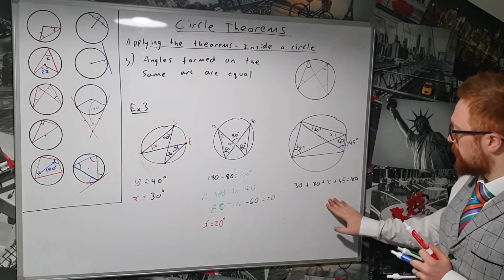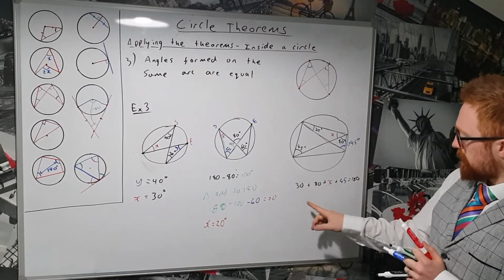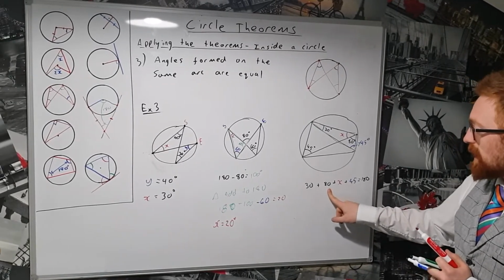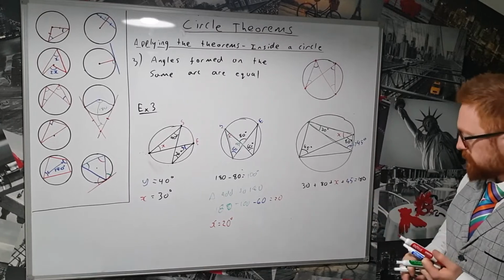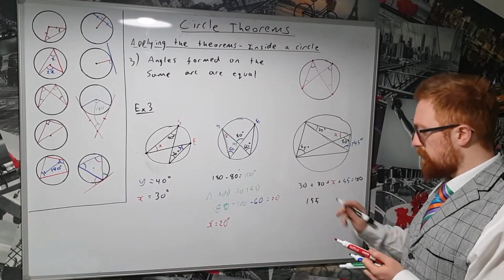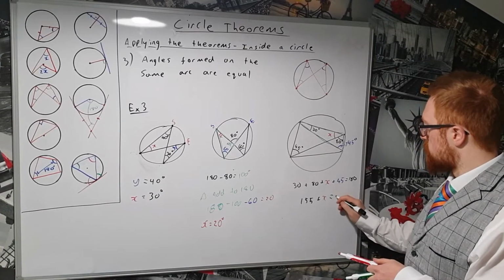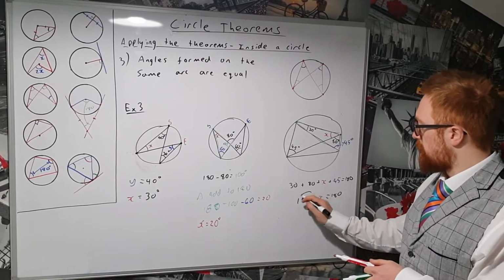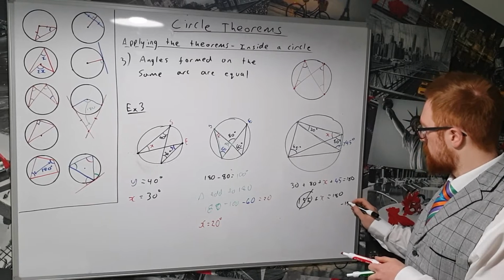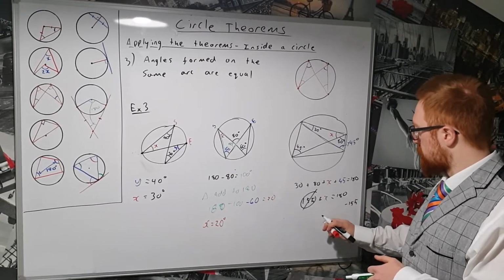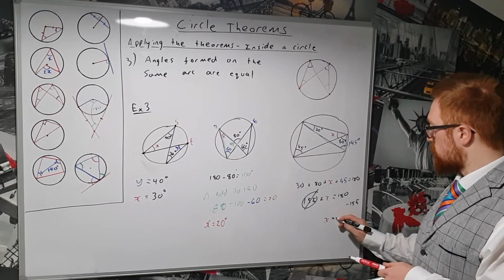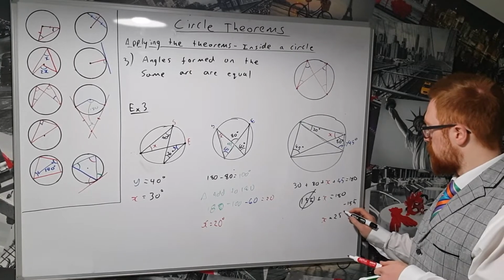So we're really close now, we can work this out. So let's simplify first of all. So 30 plus 80 is 110, plus 45 is 155, plus my x is equal to 180, and then we can subtract the 155, and that gives me that x is equal to 25 degrees.